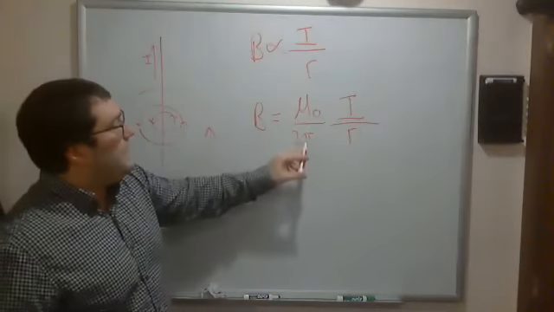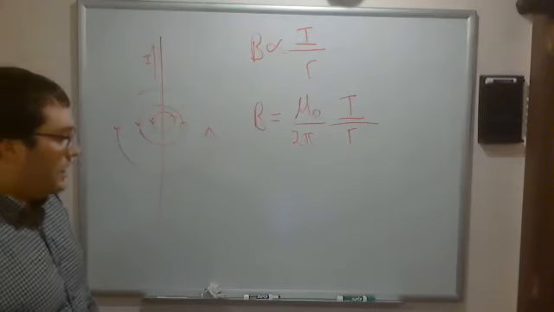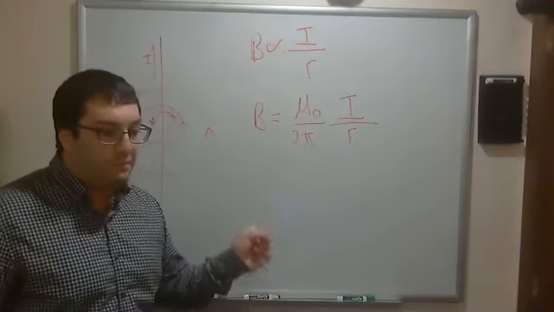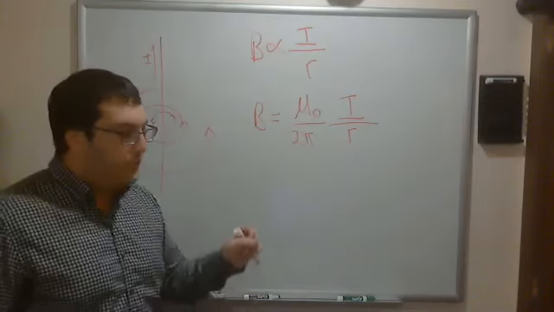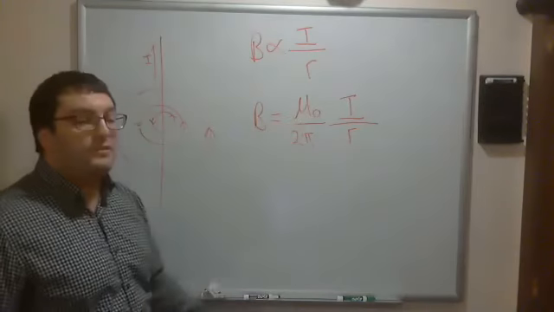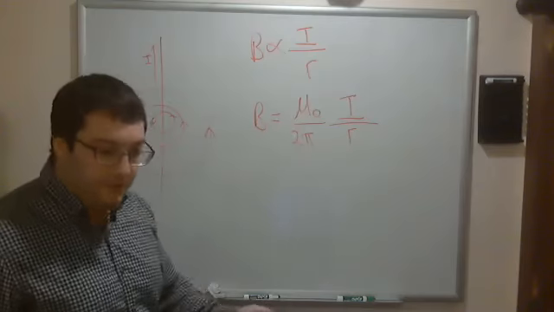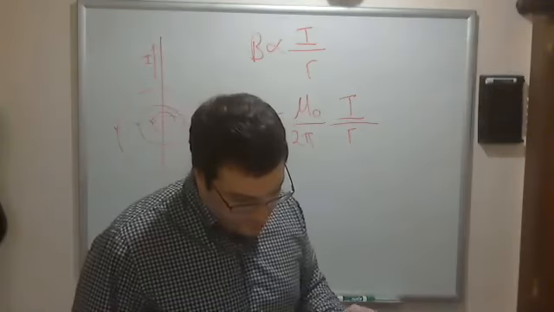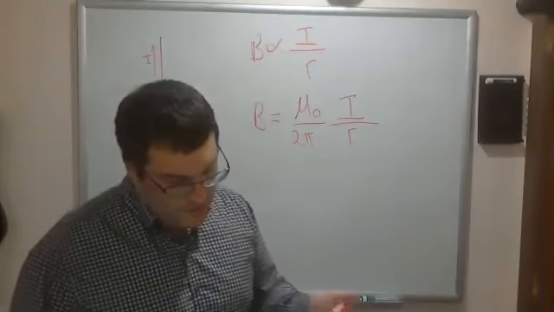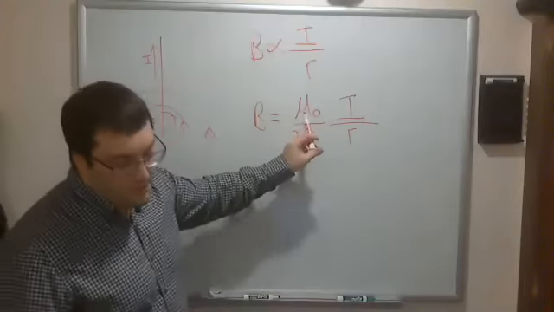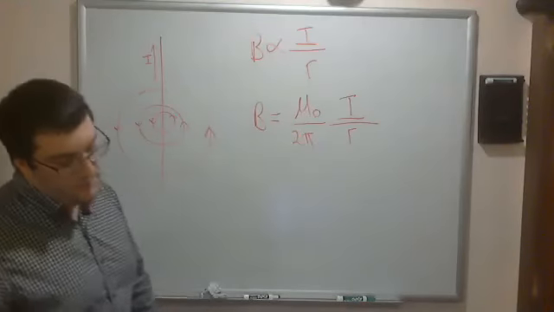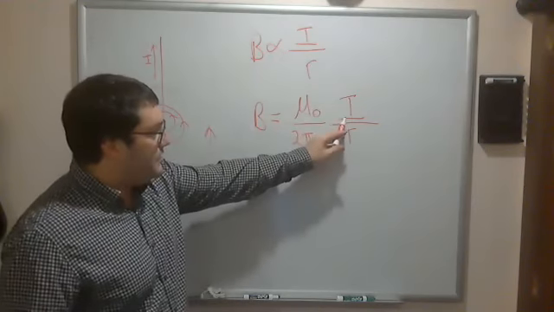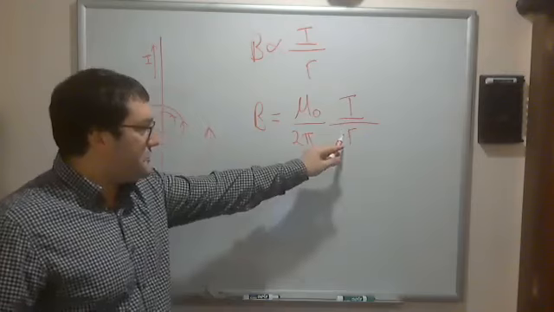And mu naught is the magnetic permeability, or how much a magnetic field can go through a certain material. Right? It's very similar to the permittivity of an electric field. Slight differences, but you can think of it as the same thing. And here it's the permeability of free space, right? How much of a B field is created by this certain amount of current, that's this far away.